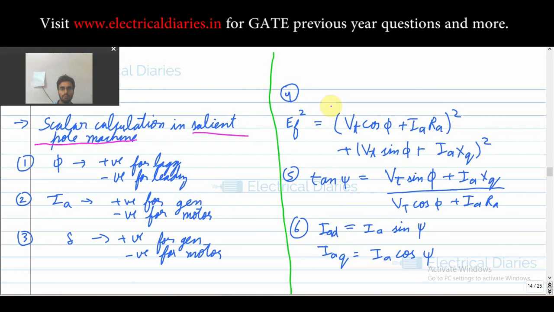And one more thing you should remember, as I told you on the previous page, psi is equal to delta plus phi, and we have seen this in the phasor diagram also, where psi is the internal power factor angle, phi is the power factor angle, delta is the power angle. So this is the way you solve the questions, and just remember this phasor diagram and this analogy. I hope you get this.